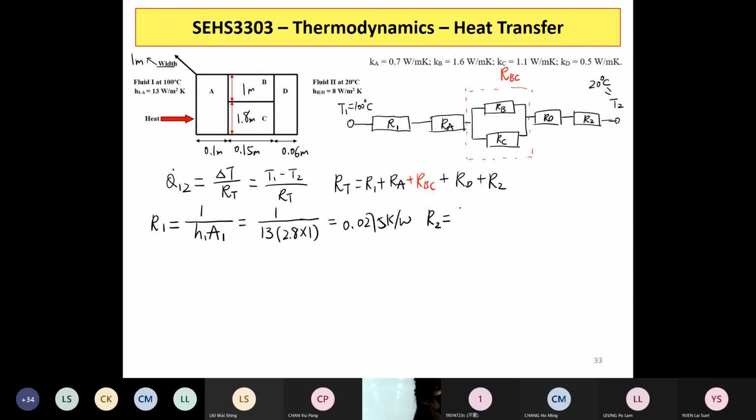The convective thermal resistor equals 1 over h2 times A2. Good. The h2 should be 8. Yes, 8. The area is the same, right? What's the number?